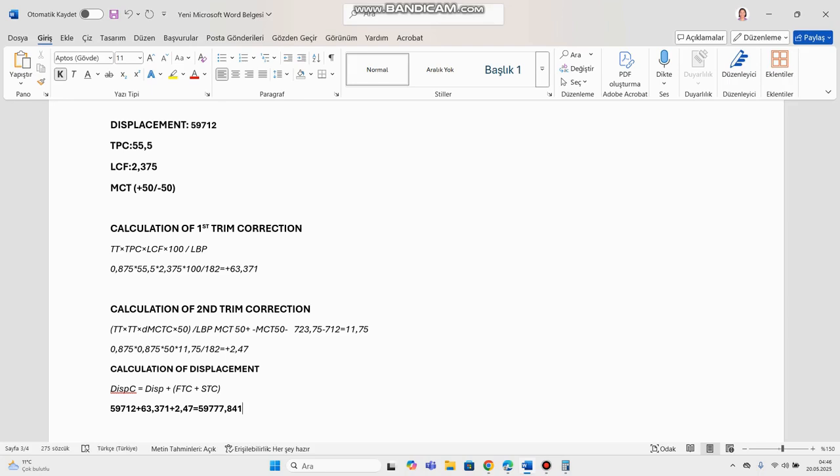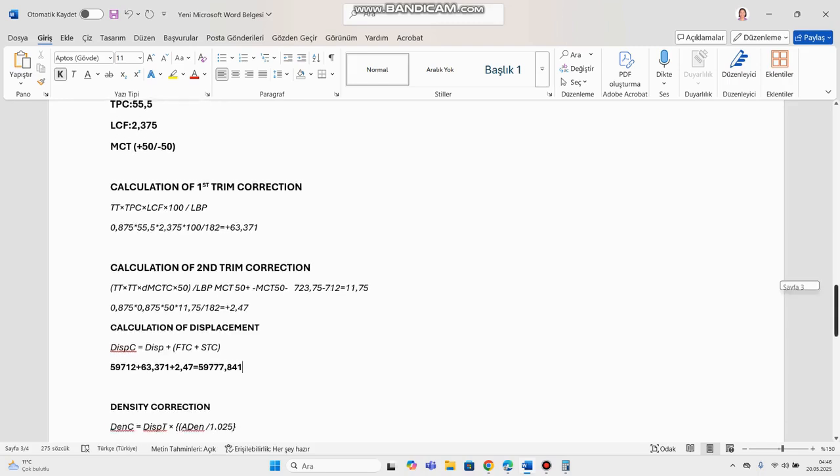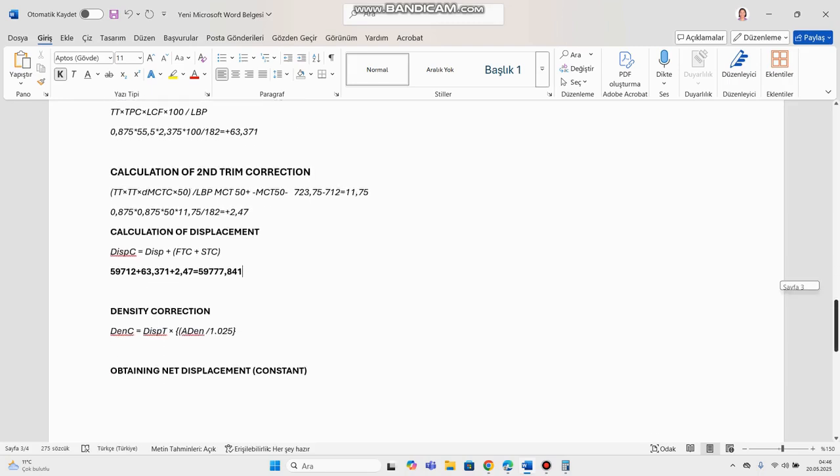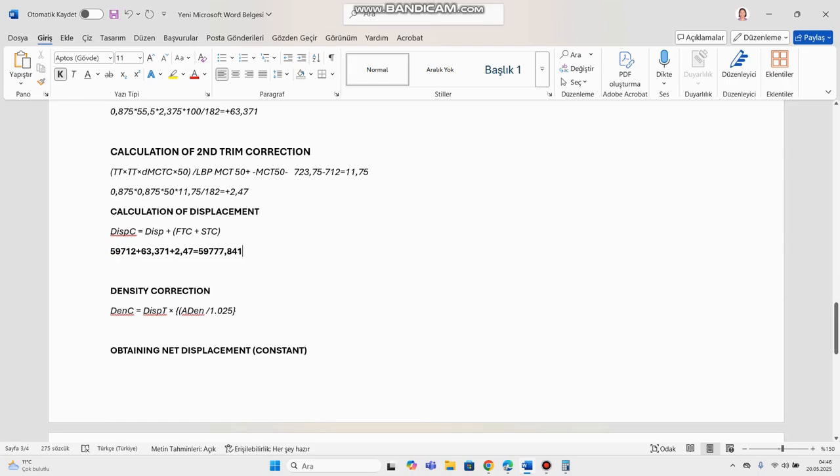And let's say seawater density of this port is 1020, and let's make density correction. Formula is density of your area divide 1025 times your displacement.